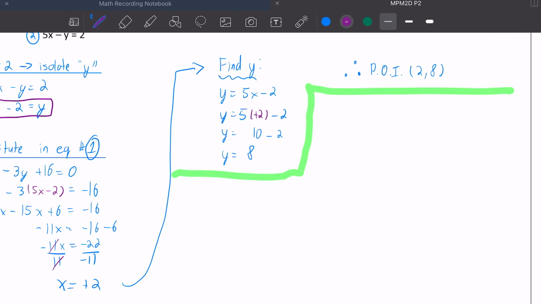So let's do a quick check. What I'm going to do is a left side, right side without actually writing the left side, right side. So we're going to put our values in our first equation.